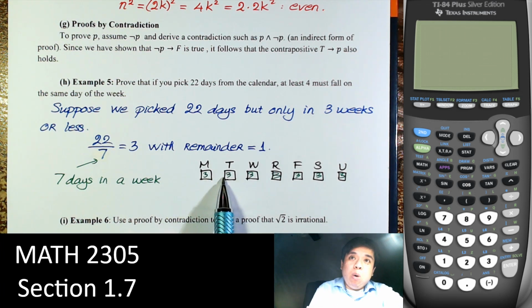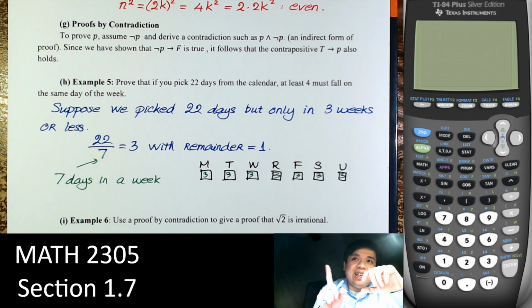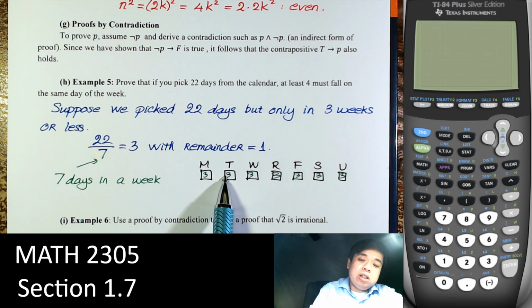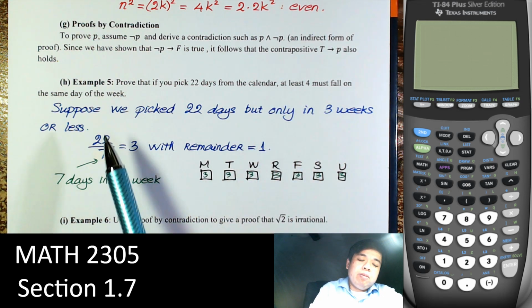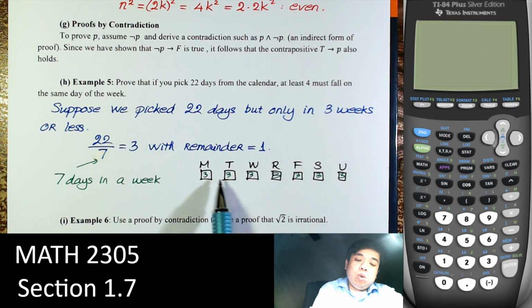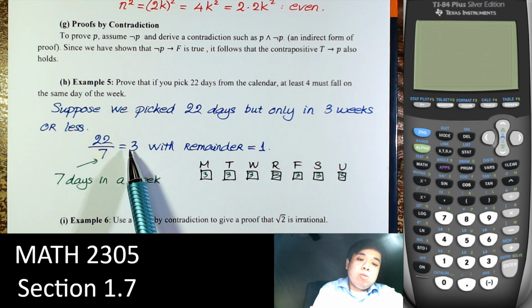If you have holes and all the pigeons fly into them, and each hole can hold 3 pigeons, there is one extra one that stands outside. When it flies in, there will be at least 4. So that's why I said at least 4 must fall on the same day of the week. So when we do it like this, it is not possible.